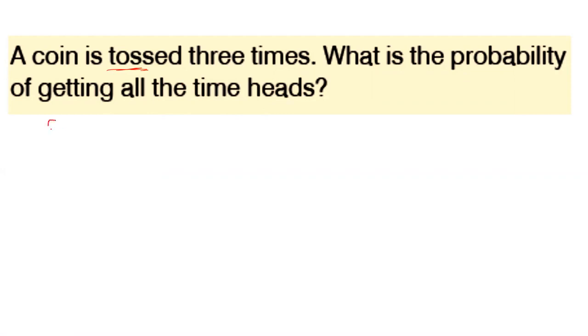The first one can be tail, second one tail, third one tail, or it can be tail, tail, head, or it can be tail, head, tail. It can be tail, head, head. It can be head, tail, tail.